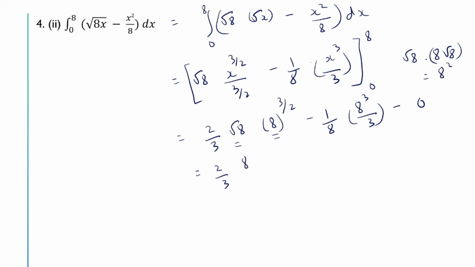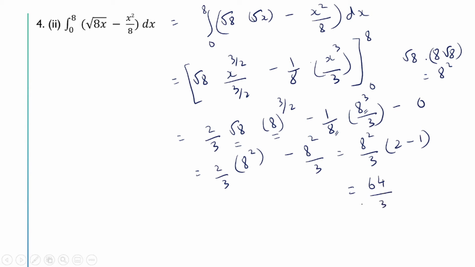So 2 by 3 into 8 square, then minus, here we have 8 cube upon 8 into 3, so it is 8 square by 3. So here 8 square by 3 is common. If we take it outside, we get 2 minus 1, which is 1. So 8 square is 64. So this is equal to 64 upon 3.